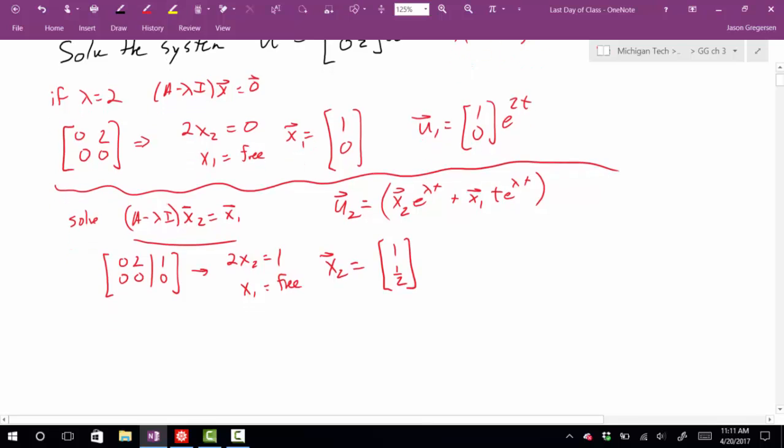All right, so now I got x2. That means my second solution is going to look like 1, 1/2 e to the 2t plus 1, 0 t e to the 2t.